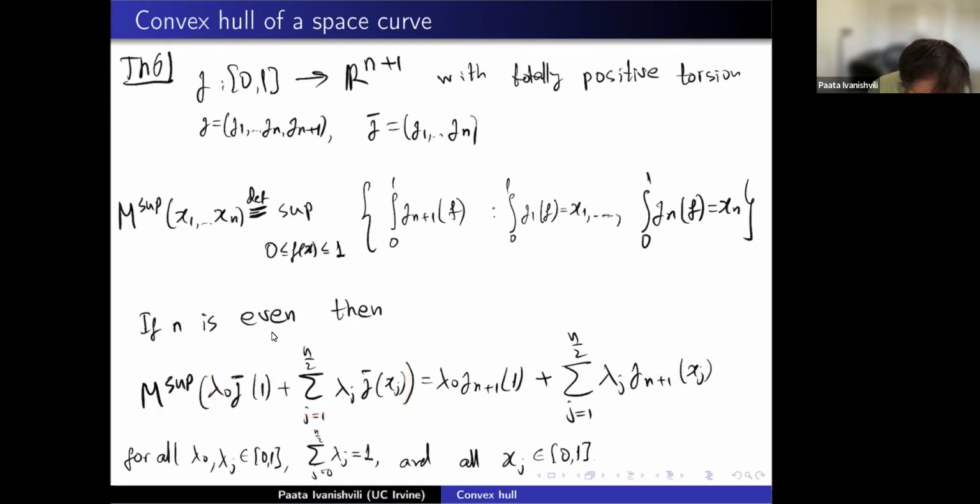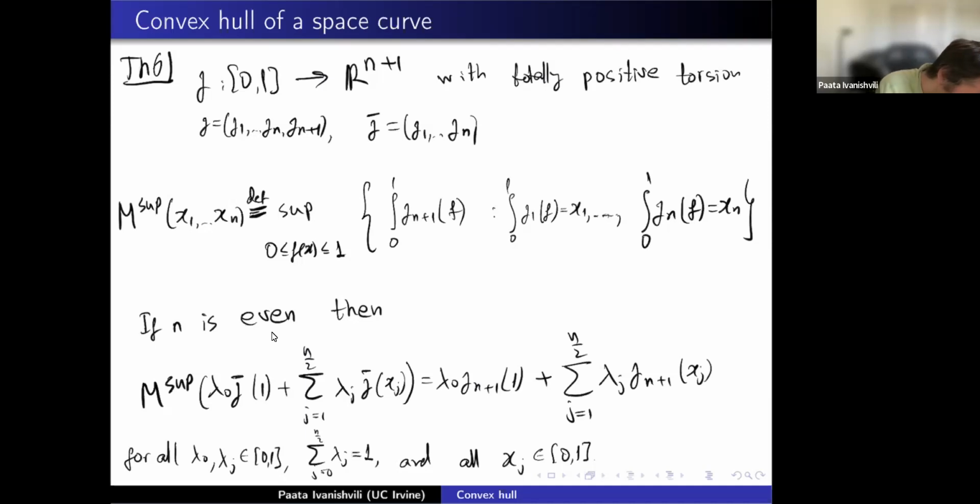So these are the solutions of this optimization problem, under the assumption that gamma has totally positive torsion. And we have similar results when n is odd, but here I will only write when n is even.